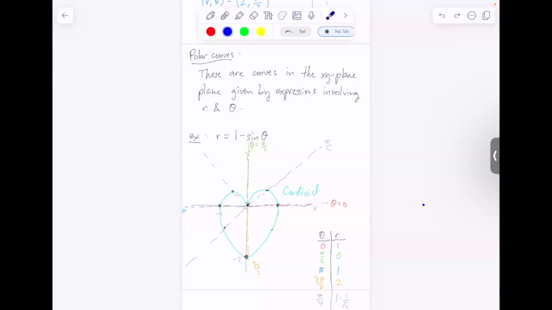Then at theta equal to 0, your minus cosine theta is going to be -1. So that means that along this ray here, R is -1, in which case you have to interpret that appropriately. That means that instead of drawing 1 away in this direction, you want to go 1 away in the opposite direction. So if at theta equals 0, R is equal to -1, that would be the Cartesian point -1, 0, because you're going the opposite direction of your ray.